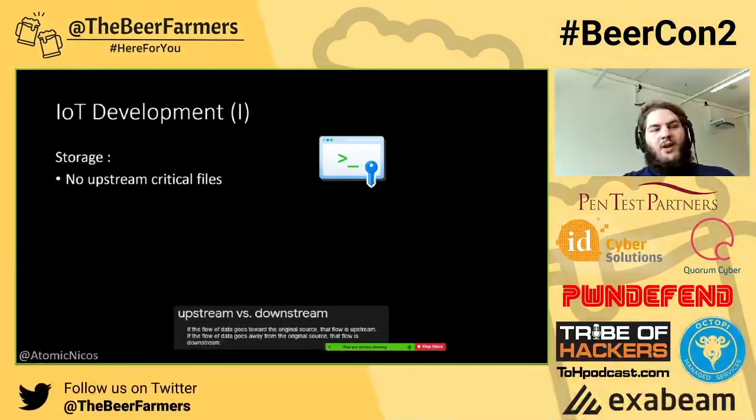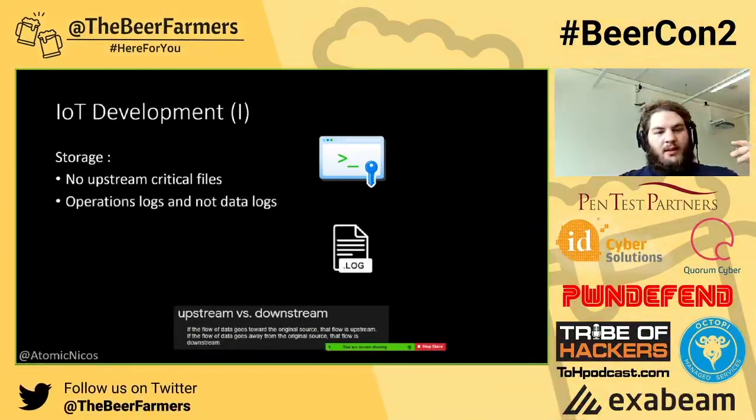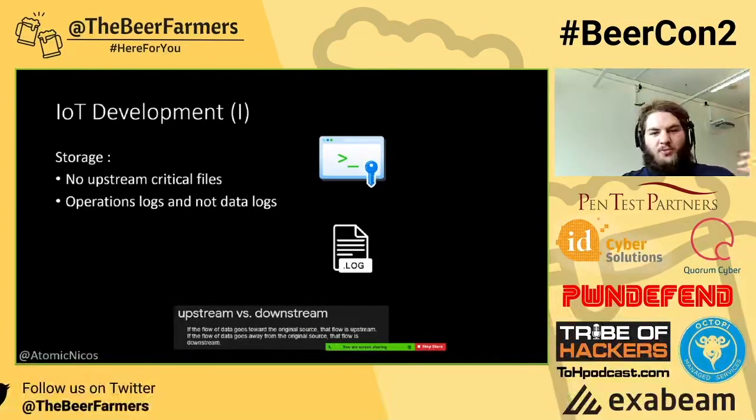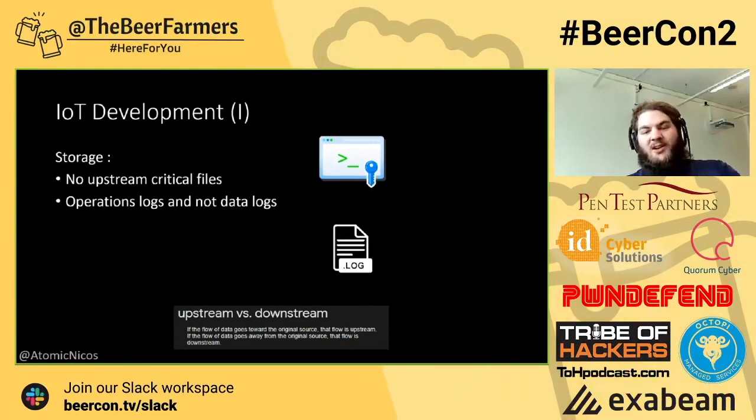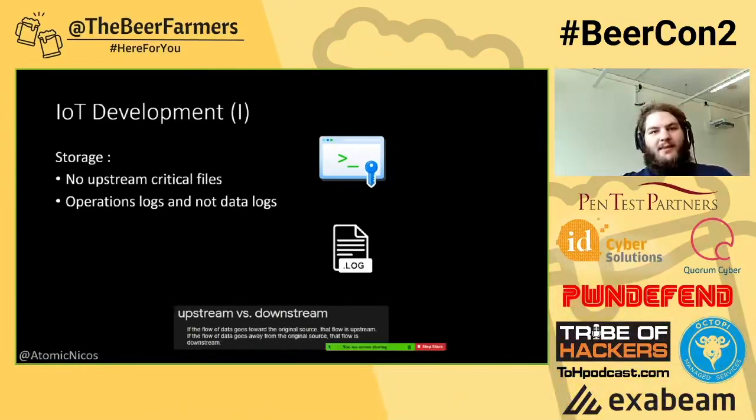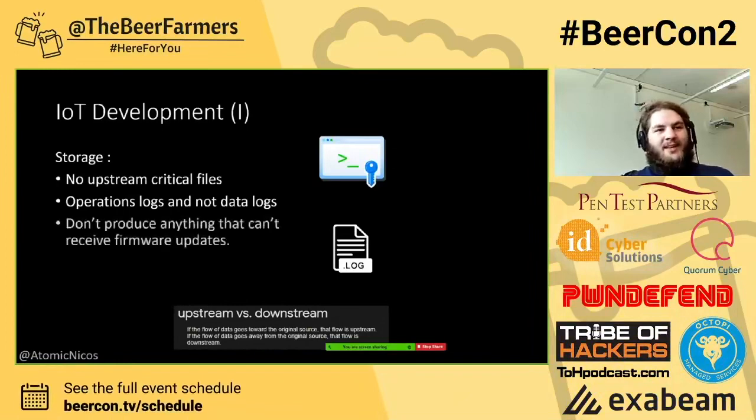If you have operations logs that would be storing the entirety of the data you generate, that's also a bad move, because it's better to just store state changes in general logs and then error descriptions and the data that produced the error in error logs. That allows you to kind of segment the information. Finally, a nice thing is to not produce anything that can't receive firmware updates, because even though your device is 100% secure now, you have no clue how it's going to evolve in the future.